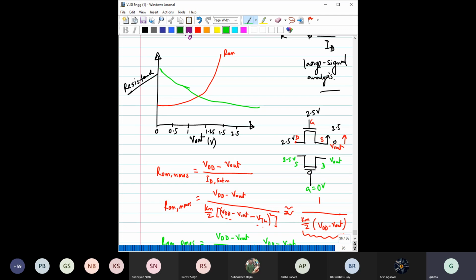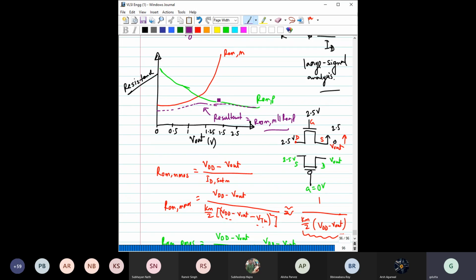This is R on P, this is R on N, and the resultant one would be somewhat like this. It will be aligned almost with this here. This is basically R on N parallel R on P, right?